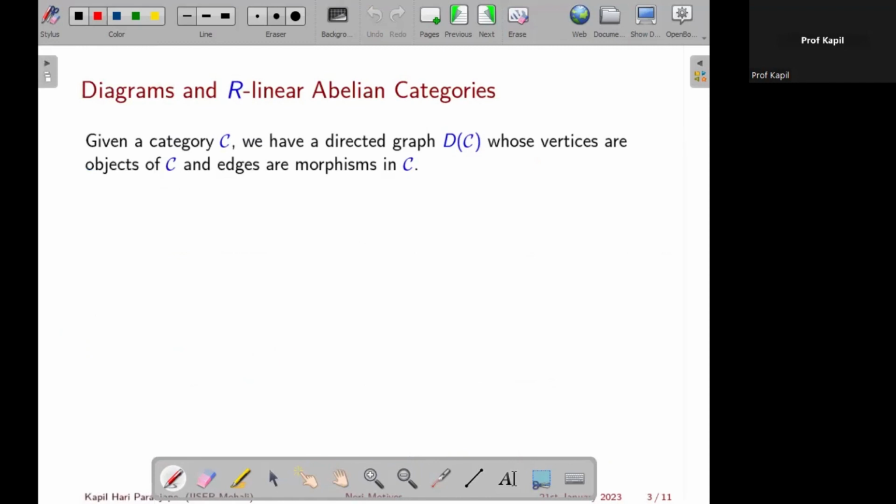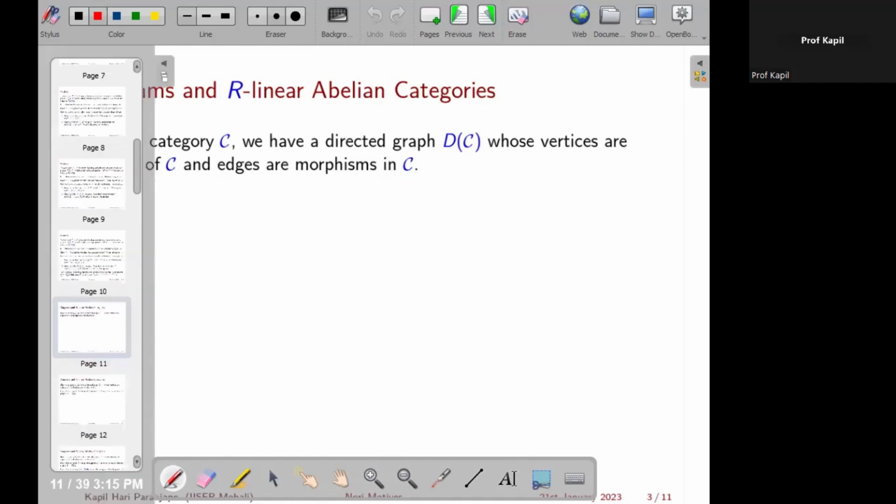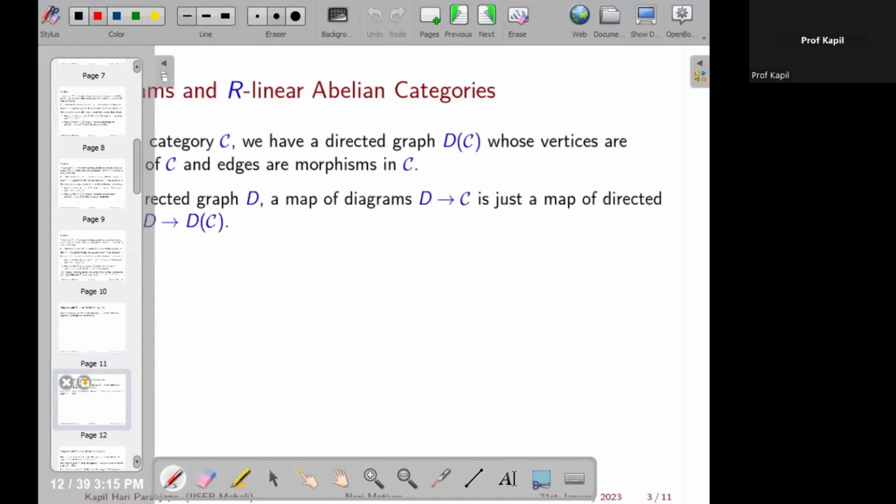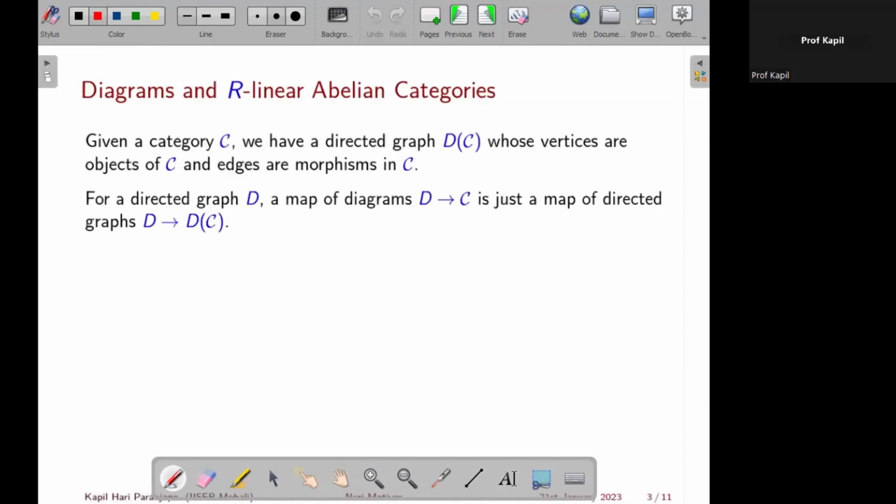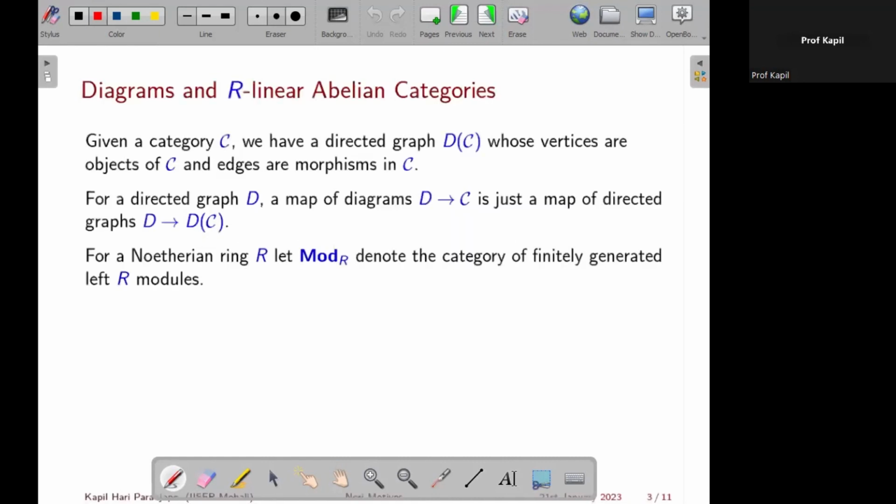Given a category C, we have a directed graph whose vertices are the objects of C and edges are morphisms in C. And for a directed graph, a map of diagrams is just a map of directed graphs from the graph to the underlying graph of C.